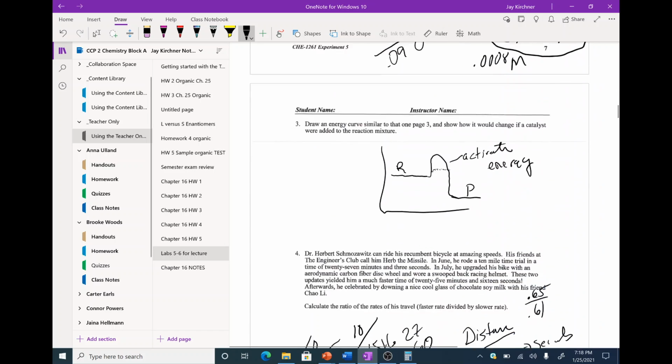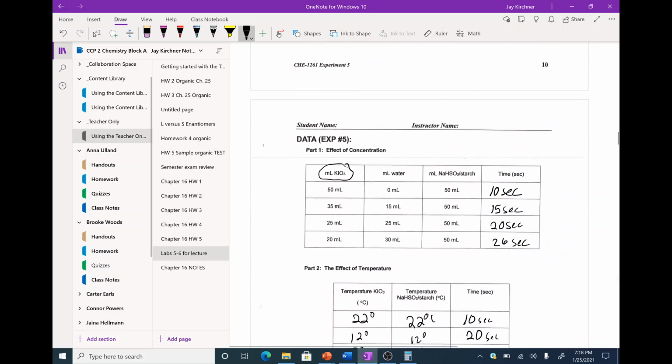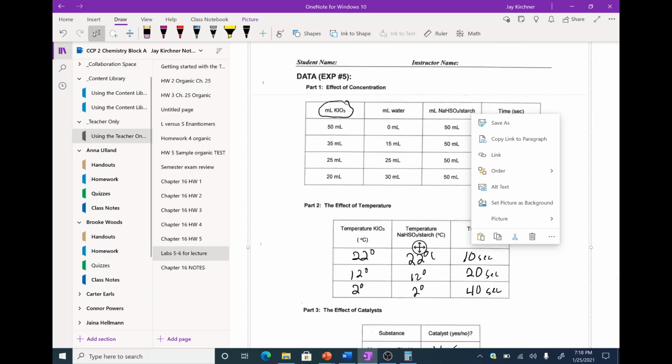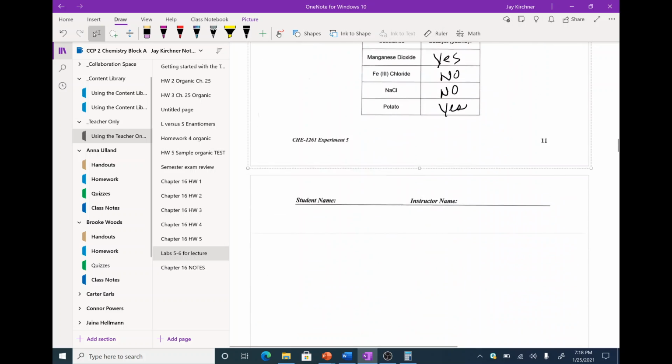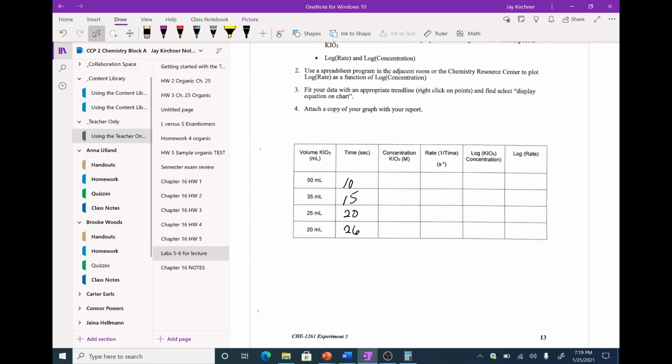So I had to look that up myself. So we have 0.0024 molar. Okay, so this KIO3 equals 0.0024 molar. In other words, moles per liter.